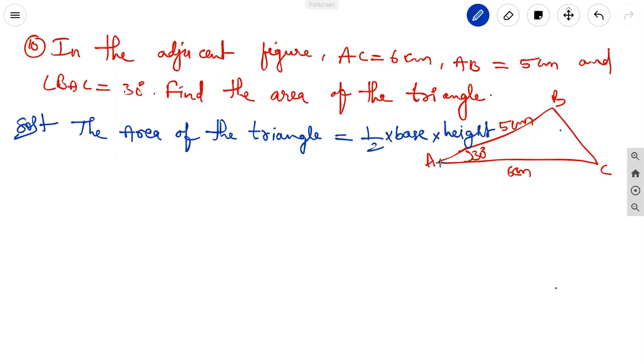Here, suppose we take AC as the base, equal to 6 centimeter, then we can find the height.